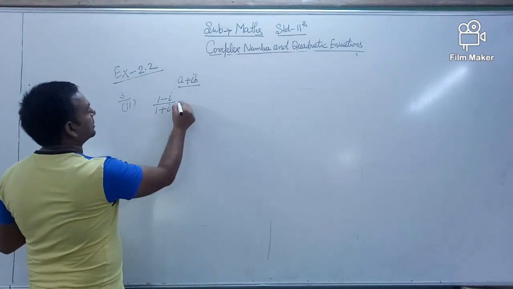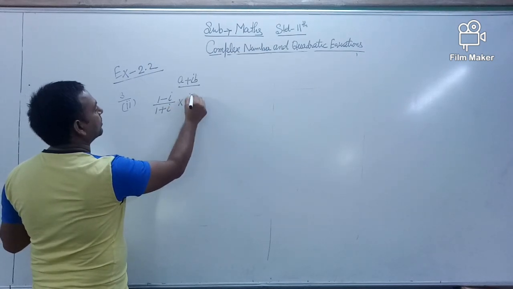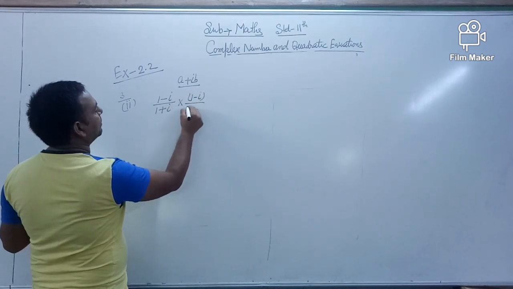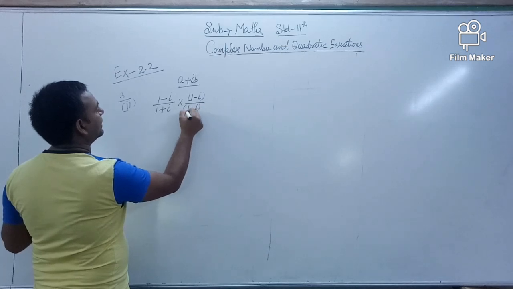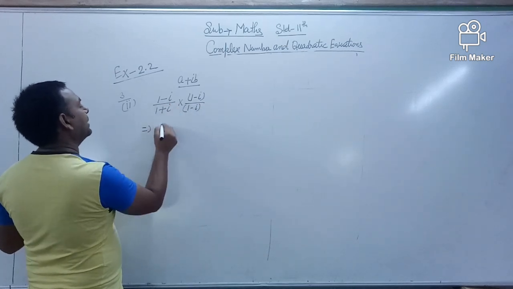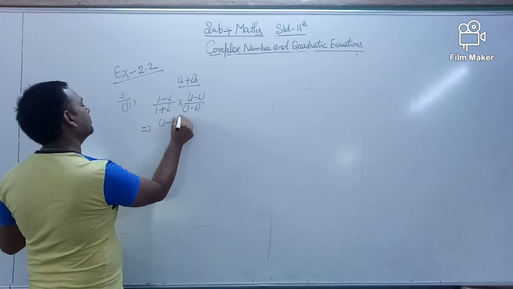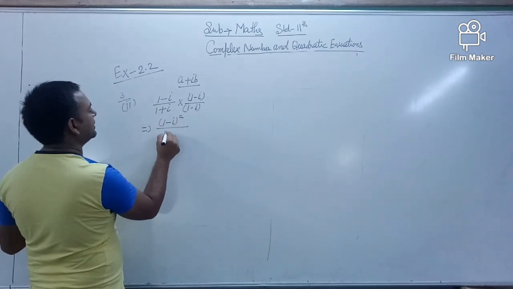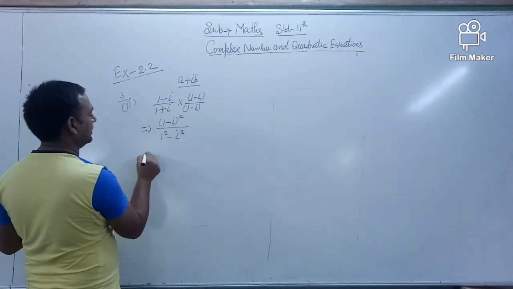You take the conjugate of the denominator, 1 minus i upon 1 minus i. Then you see (1 minus i) whole square upon 1 square minus i square.